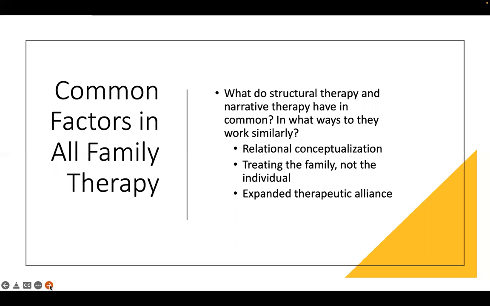They both treat the family and not the individual, and they talk about an expanded therapeutic alliance. In structural, you're managing multiple alliances. You have your alliance with each individual member of the family, your alliance with subsystems, the relationships among the individuals within subsystems, across-subsystem alliances, and your alliance with the entire family.